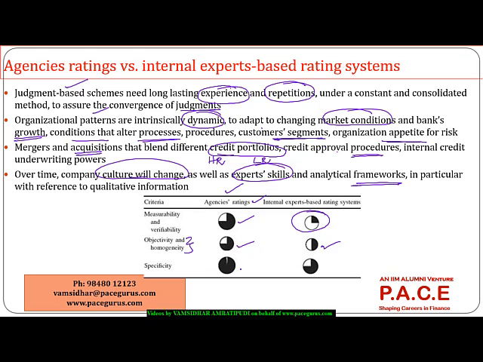And when it comes to specificity, where they try to differentiate based on levels, the specificity is much higher in the case of agency ratings, but in some cases it may not be possible in an expert-based rating system. So that's how we will understand these two broad areas of rating systems.